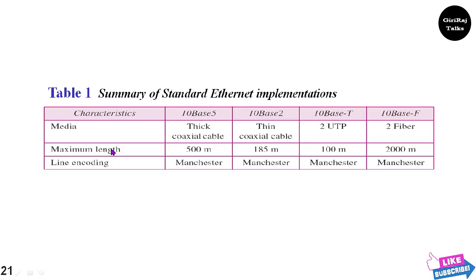For maximum length: 500 meters in 10Base5, 185 meters in 10Base2, 100 meters in 10Base-T, and 2000 meters in 10Base-F. The last characteristic, line encoding: Manchester in 10Base5, 10Base2, 10Base-T, and 10Base-F also.